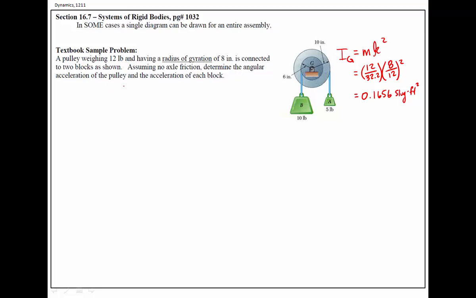Also, to start with, we could relate the kinematics between the accelerations that are going to happen at A and B with the angular acceleration.